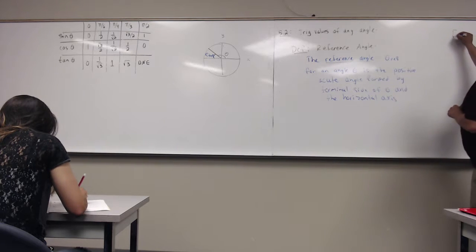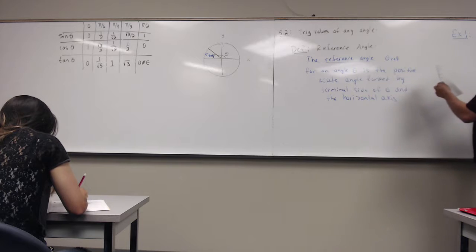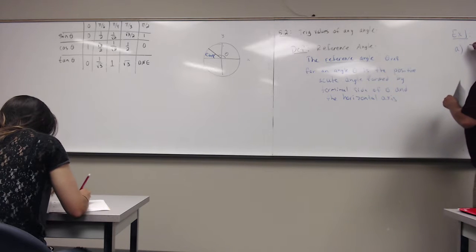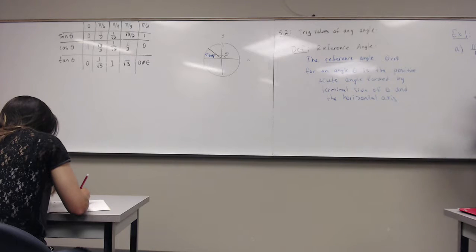So example 1, find the reference angle for each of these angles. Given the angle 11 pi over 6, we're going to go ahead and find the reference angle.